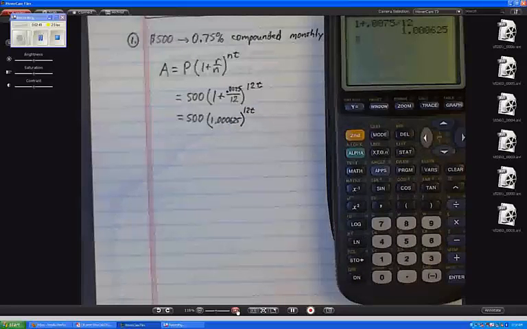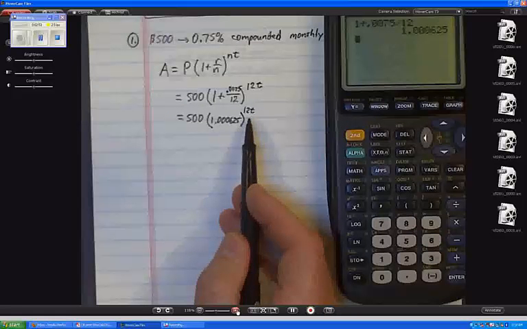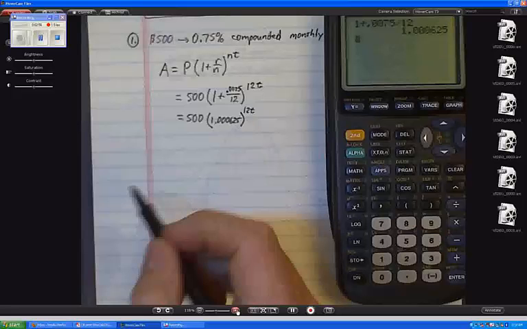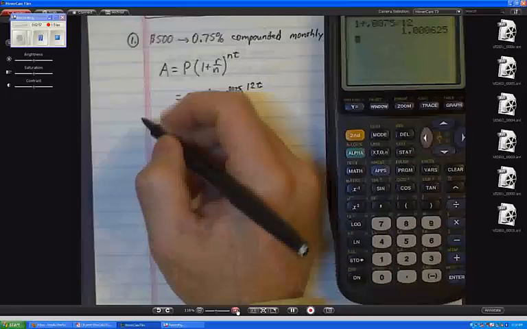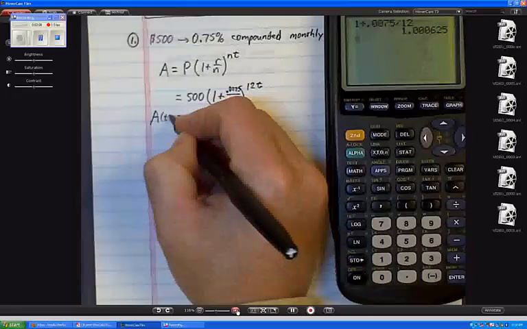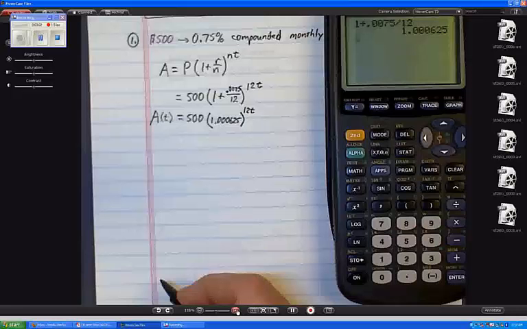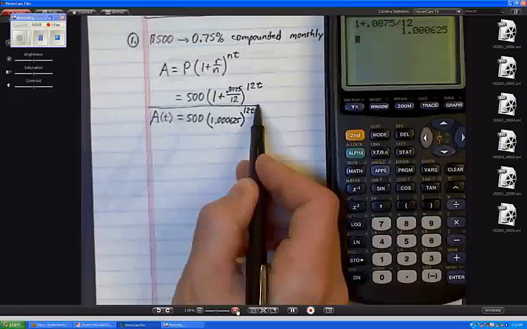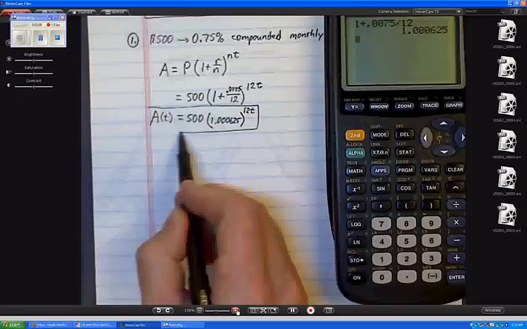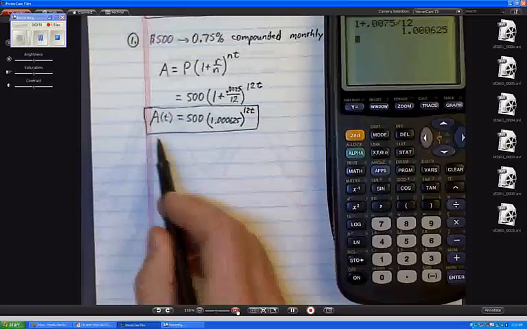You guys see that? And I don't know what t is. So what I can say is that I have written it as a function of time, A of t. That's what they wanted for part 1. They want you to write an expression for the amount in the account.